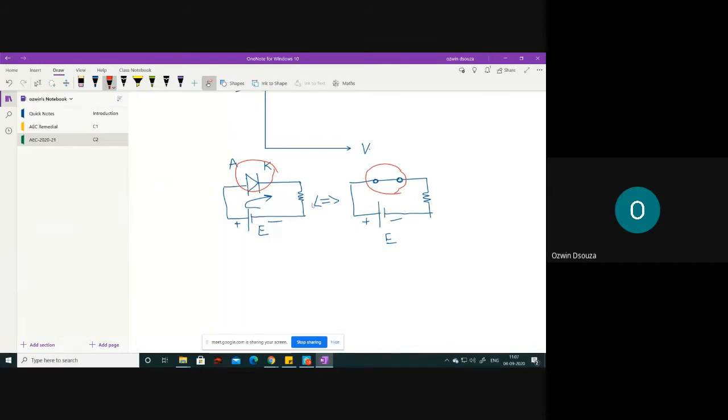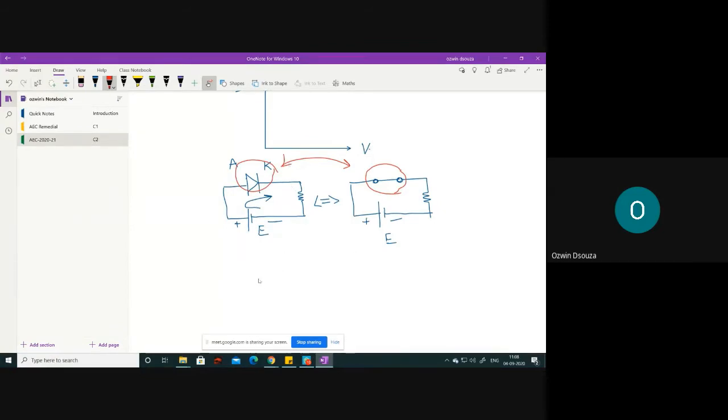The physical behavior is that when you forward bias a PN junction diode, it is going to conduct. The conducting state is analogous to the closed switch state. So for forward biasing mode, you can simply replace a diode with a closed switch.